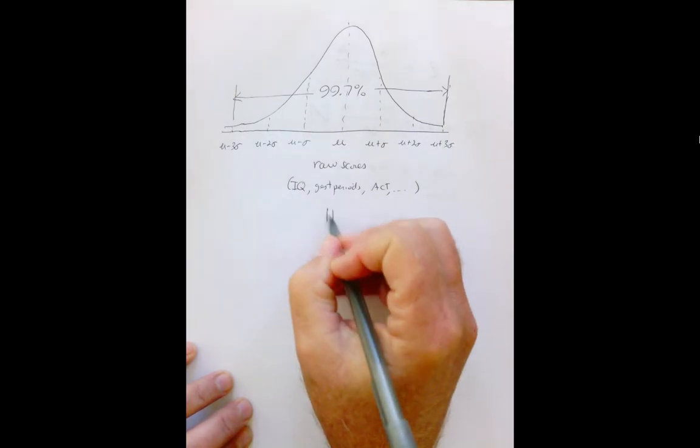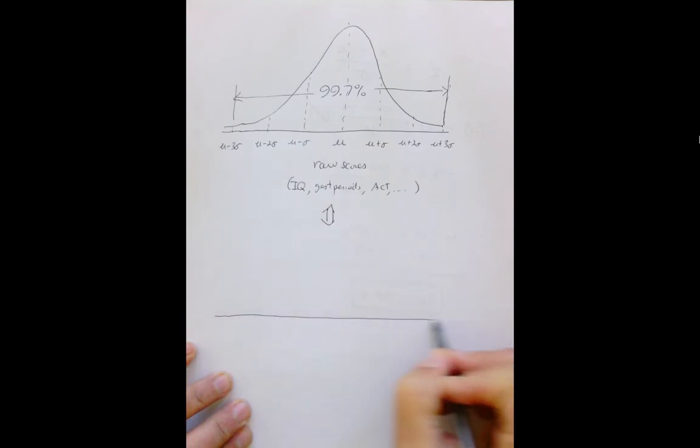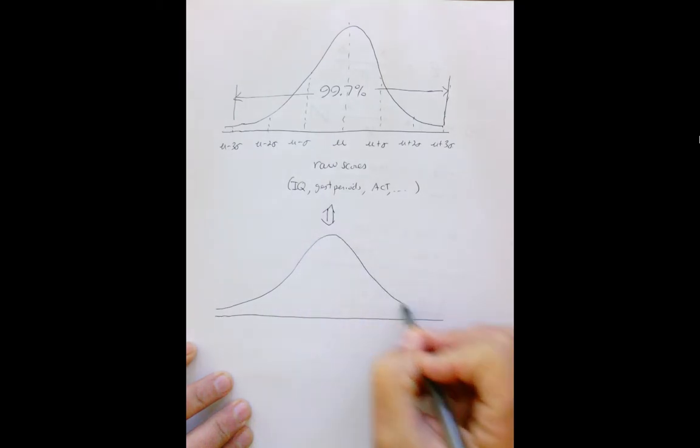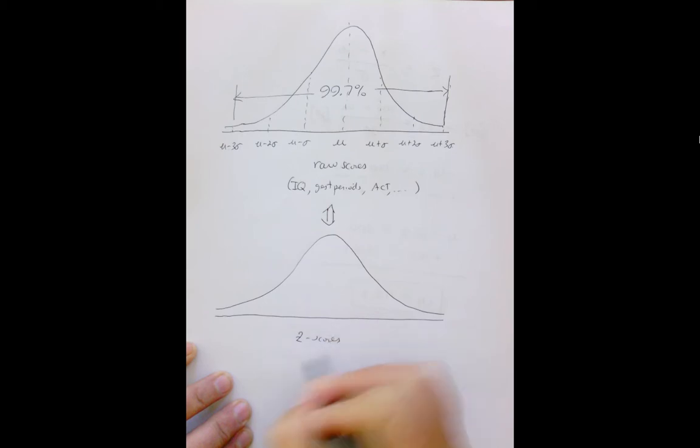Now, what I want you to think about is these things are interchangeable with this z-score distribution. And the z-score distribution has mean equals 0, standard deviation equal to 1.